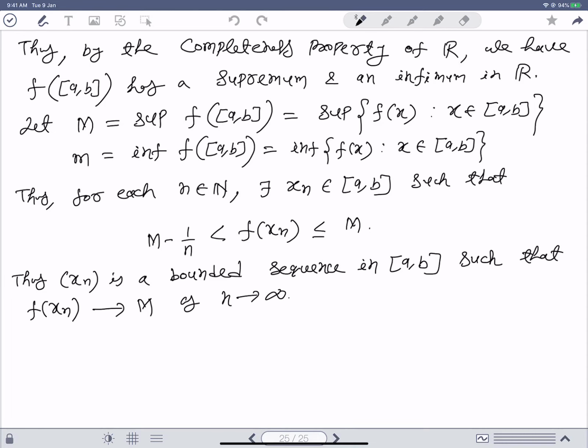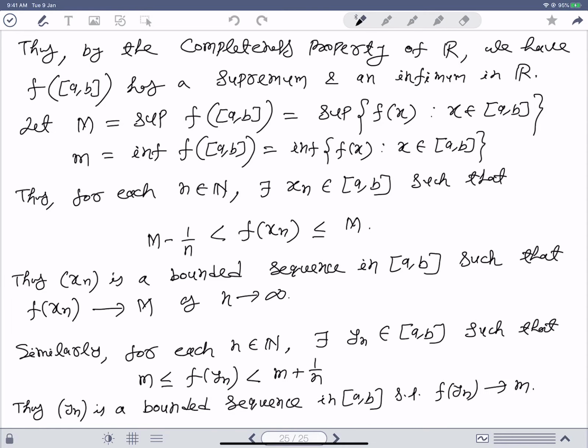Now similarly, we can write that for each natural number n, there exists y_n such that m is less than or equal to f(y_n), which is strictly less than m plus 1/n, right?